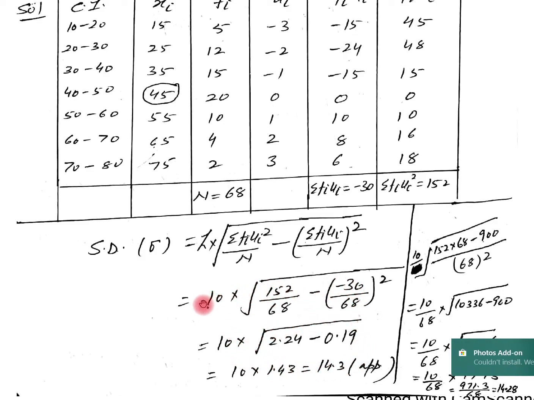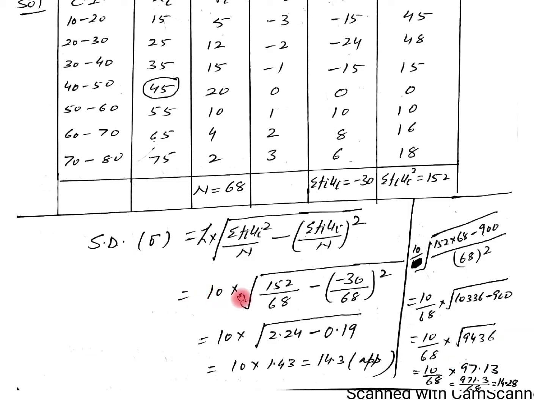One more easy method I am going to tell for the calculation of this type of question. Generally I do it by this method, putting 10 and putting these values. Then I am taking the LCM, 68 square is the LCM. Then 152 into 68 minus 30 square, which is 900.